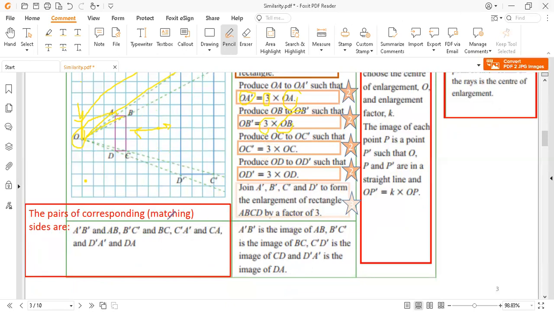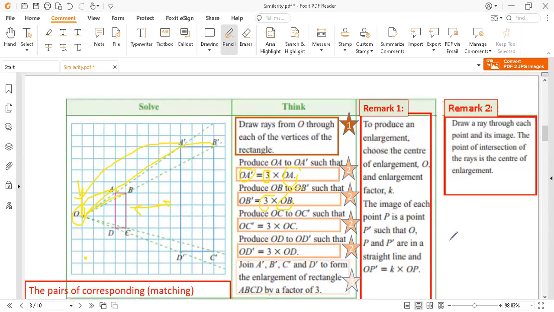The corresponding sides are those where one side is the image of the other. It is easy to draw a ray through each point and its image, and the point of intersection shows that we have two similar figures.